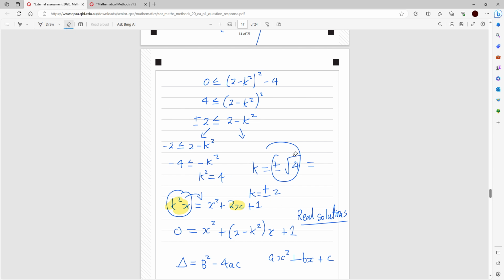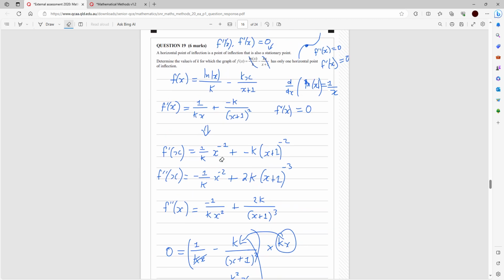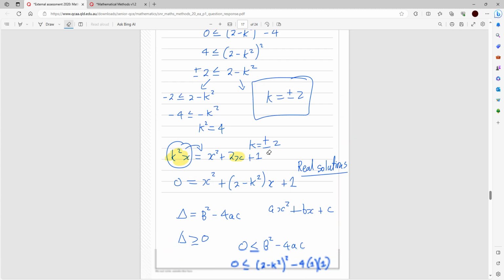So all you have is an equal sign. So all you're going to have is k is plus or minus 2. So either one of these should be a horizontal point of inflection. And we can double check that, because if we substitute either one into the second derivative and the first derivative, it should be equal to 0. So let's just double check that.